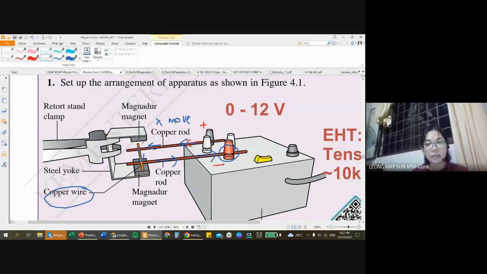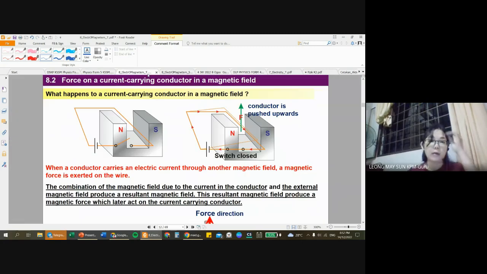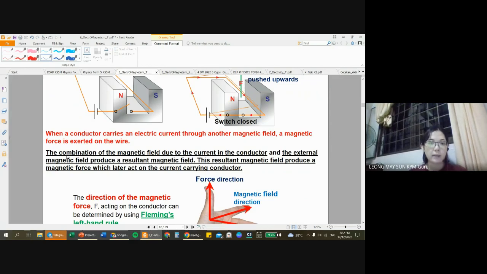The question will normally ask what happens to this copper wire. So we have to use the Fleming left hand rule to determine the direction. What happens to a current carrying conductor in a magnetic field? When a current carrying conductor is in another magnetic field, a magnetic force is exerted on the wire. How does this happen?